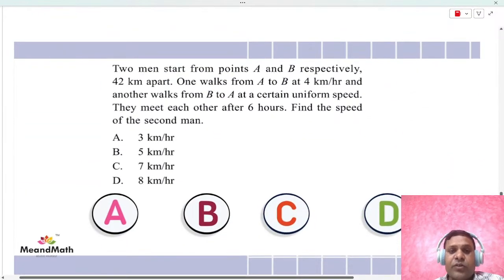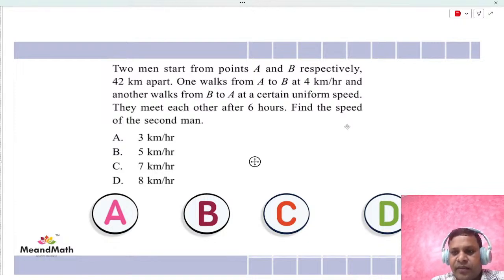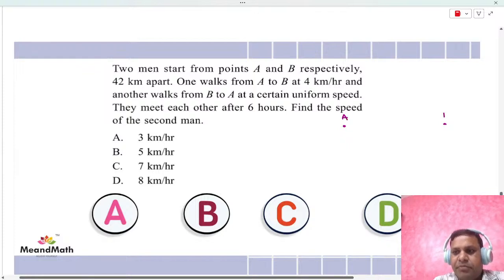This question is a very important and good question. Two men start from points A and B respectively, 42 kilometers apart. The distance between point A and point B is 42 kilometers.